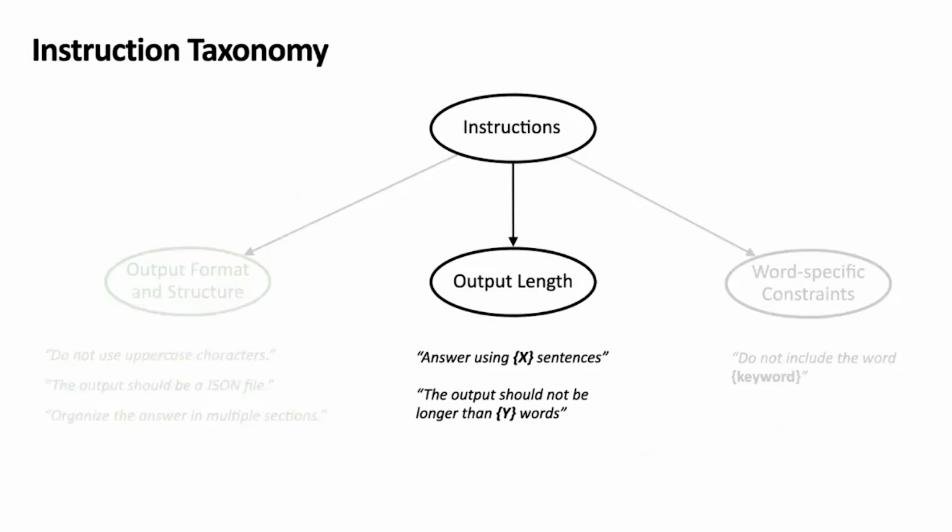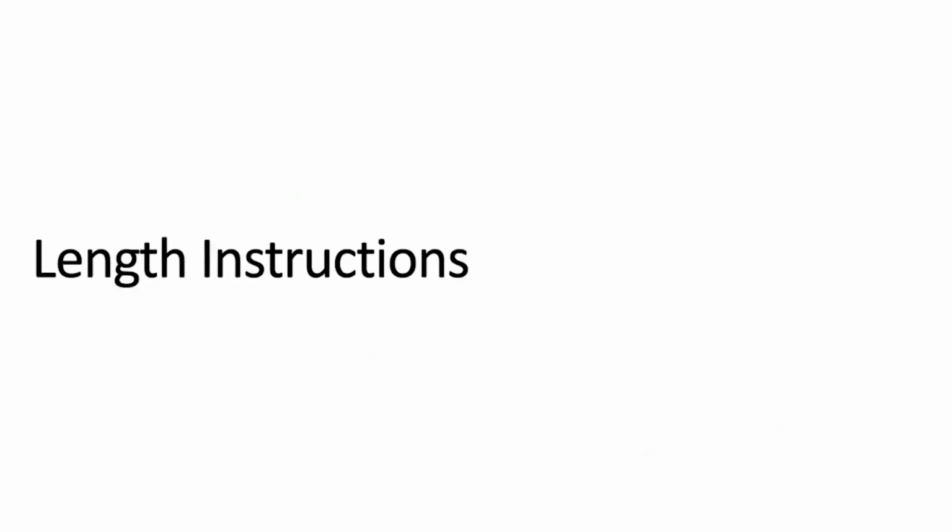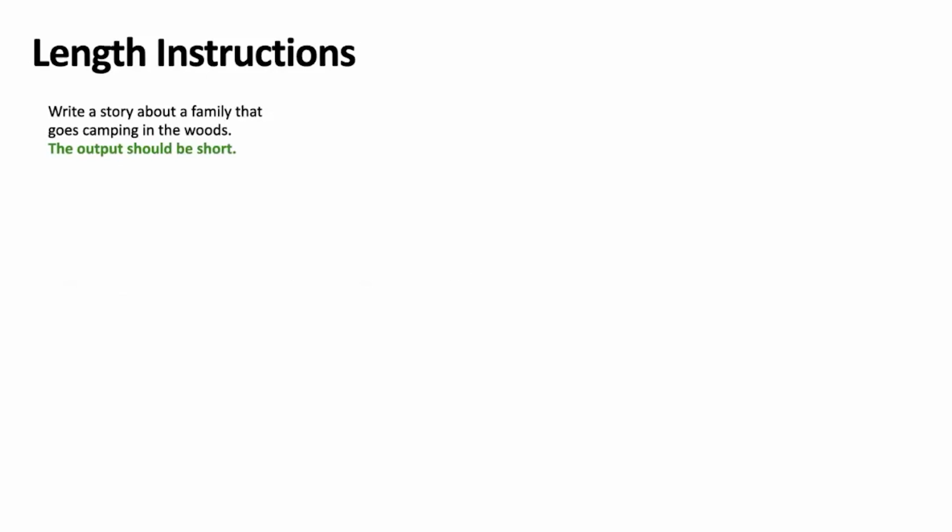The second set of constraints is about the length of the output. For this class of constraints, we carried out a couple of different experiments. Here, I would like to focus on one of these. In this experiment, we compute a representation not for a specific length constraint, like 2 sentences or 3 sentences or 1 paragraph, but we capture a more general concept of conciseness.